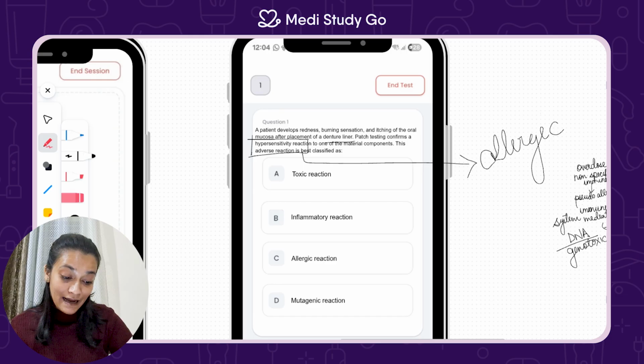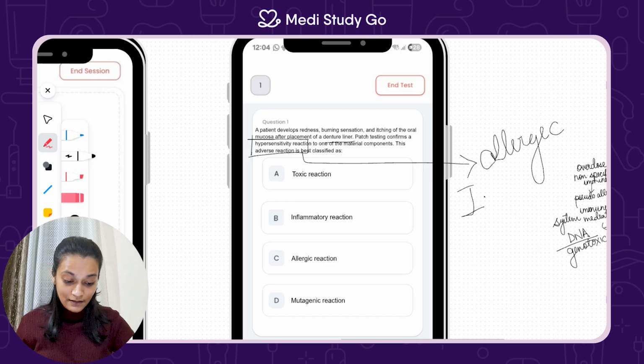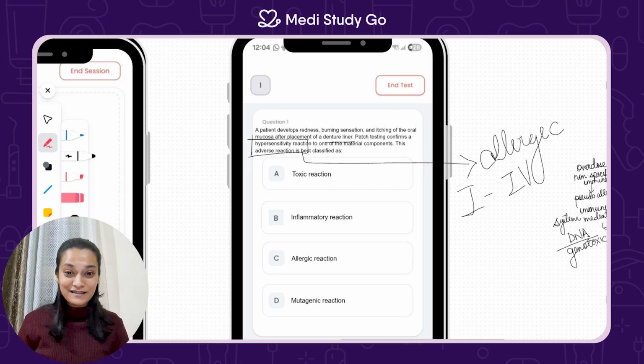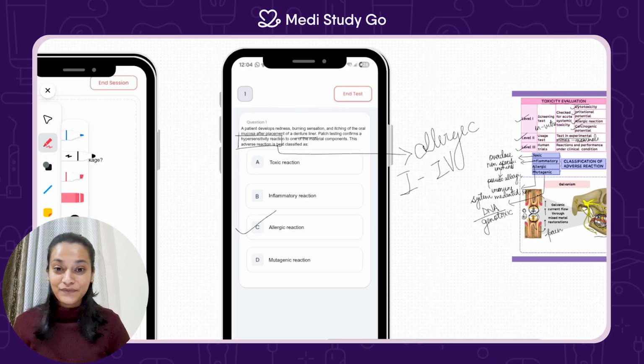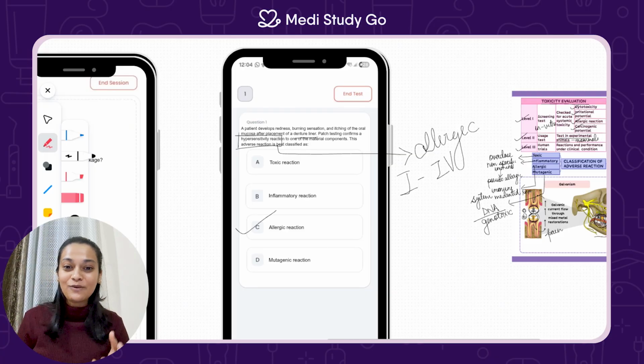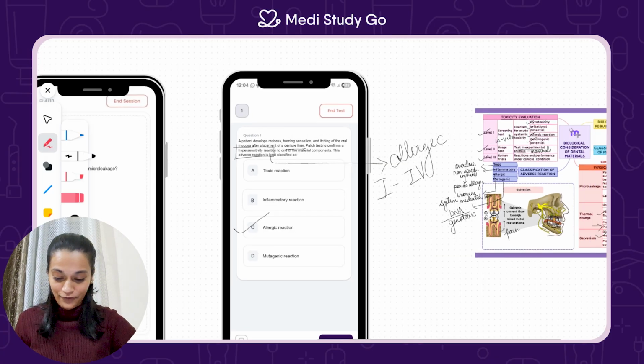So allergic reactions are of 4 types, correct? 1 to 4. We have studied this in the first year. So if you have forgotten, I would actually advise that you should go back to the mind map of allergic reaction, read about it and get back. So the correct answer here would be C, allergic reaction. Hypersensitivity was easy for us to identify.